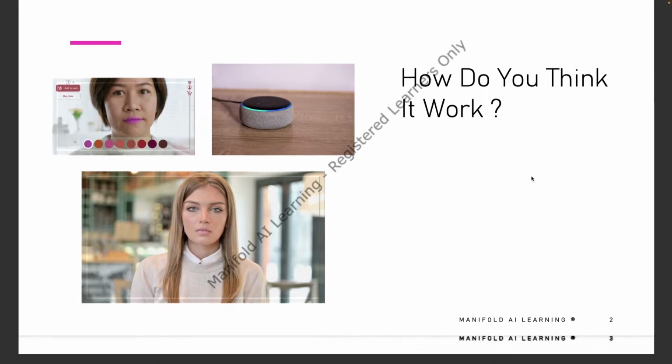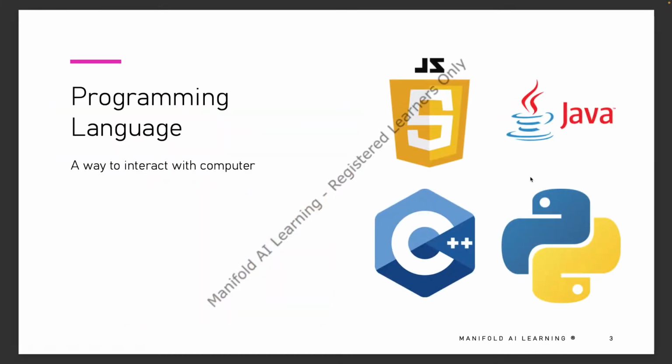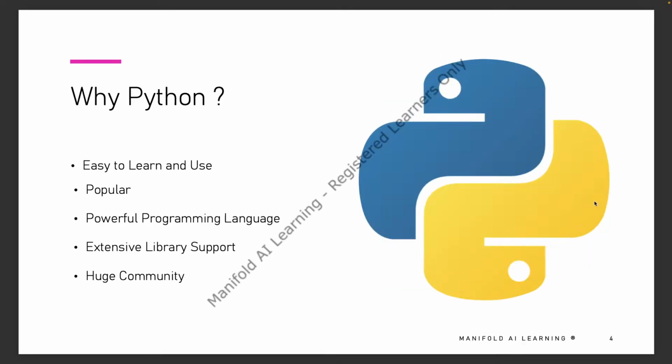And in our learning journey, we have made use of the Python programming language. We have various programming languages, and out of all of them, we have started using Python. The key reason is that it's easy to use, it's a popular programming language, and it has extensive library support, including a huge community to get support and proceed ahead in the learning journey.